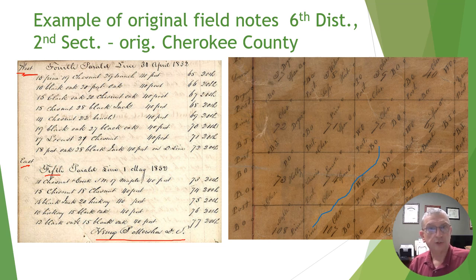And in other states, it's very similar. Their original notes in rectangular states are very similar. I've retraced 1820 original field notes from the Mississippi Territory over in East Alabama. And so it's interesting that they were using the public land system 12 years before Cherokee County was divided by land lots, but yet Georgia chose not to, which you understand why.